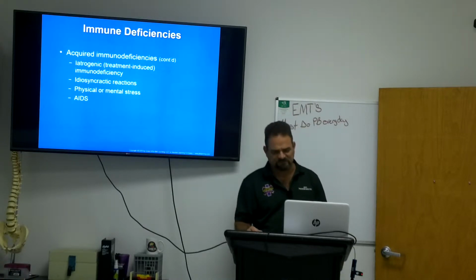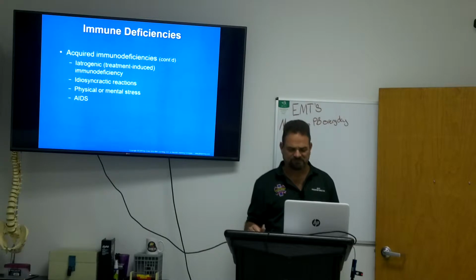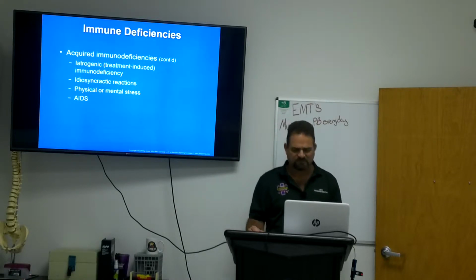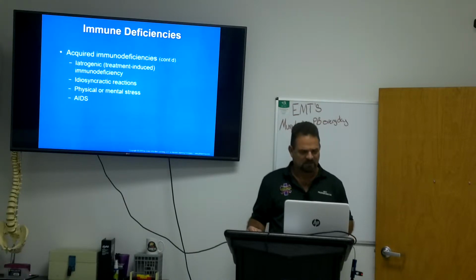Physicians are usually very cautious about prescribing that therapy where they're weakening the immune system. And then you have a lot of different types of idiosyncratic reactions to those antibodies, which may cause bone marrow suppression. Physical and mental stress goes along with this, and it also decreases the white blood cells and lymphocyte production.